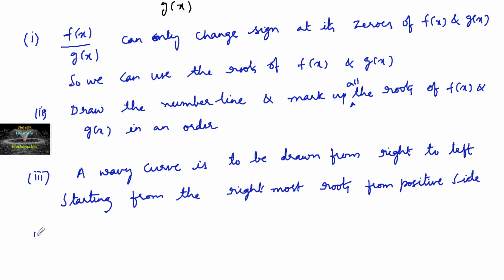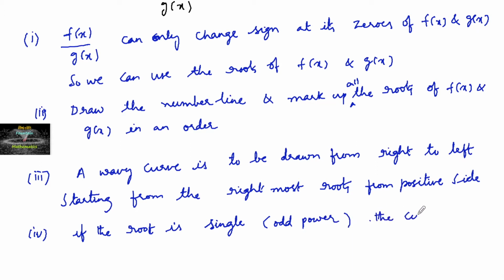And then the next step: if the root is a single root, I mean the power is odd, we say it's a single root if its power is an odd number, so an odd power of any linear factor, the curve will intersect the number line, which means it passes to the other side.